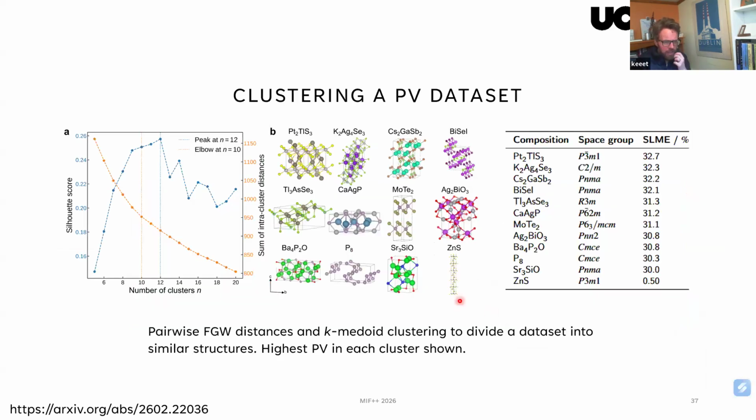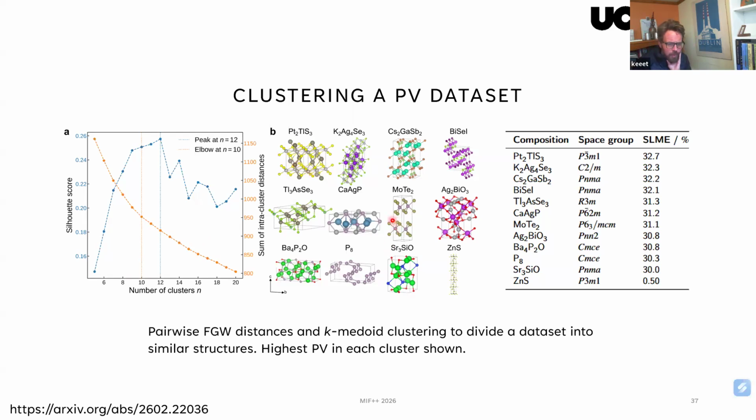And so Matthew's then taken this and done some clustering. He's taken a data set of materials with calculated SLMEs, and he's used k-medoids clustering to cluster that data set and pick out the most representative structures from the different clusters within the data set. And you see, it gives you a nice spread of very different types of materials.